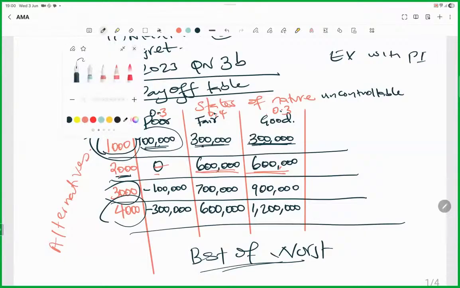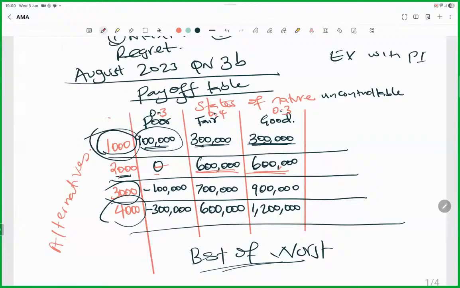So for instance, when this person advises me that it is poor which will prevail, which number should I go for? You go to each column, circling the best.